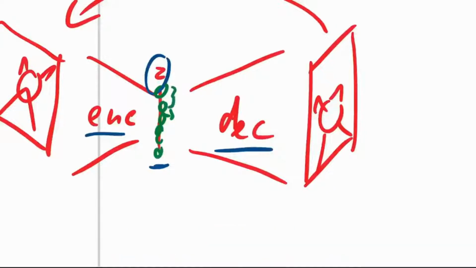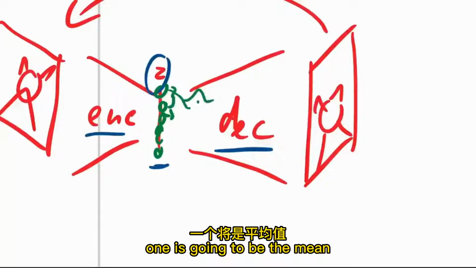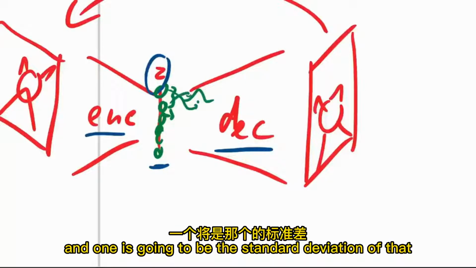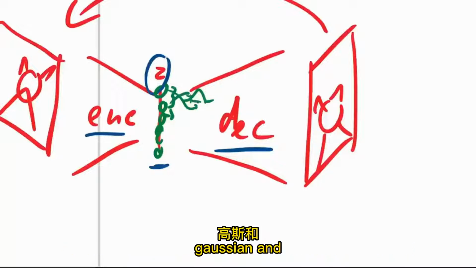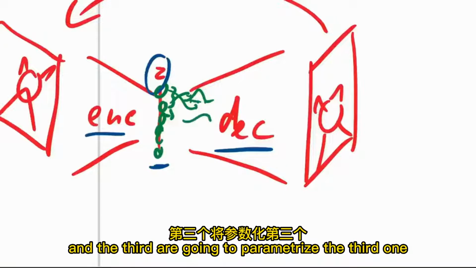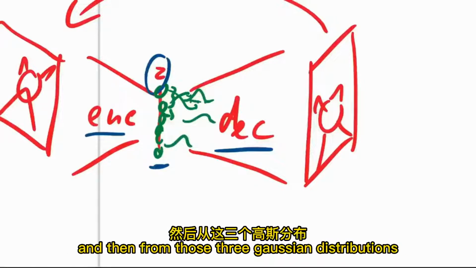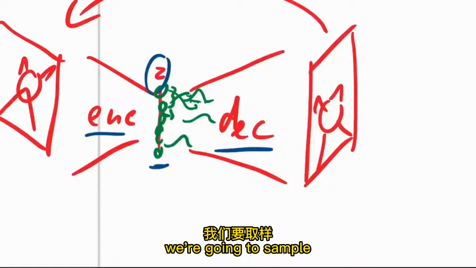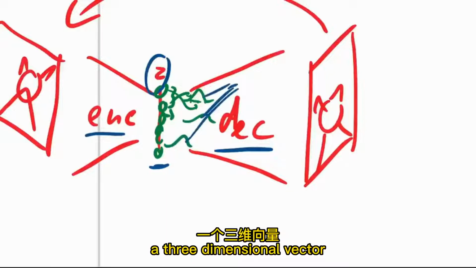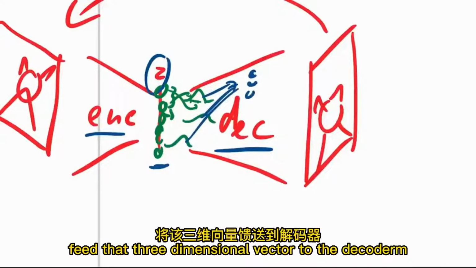The first 2 are used to parameterize the first Gaussian: one is going to be the mean, and one is going to be the standard deviation of that Gaussian. The second 2 parameterize the second Gaussian, and the third 2 parameterize the third one. So we have now 3 Gaussians, and from those 3 Gaussian distributions, we're going to sample a 3-dimensional vector. And then we're going to feed that 3-dimensional vector to the decoder.